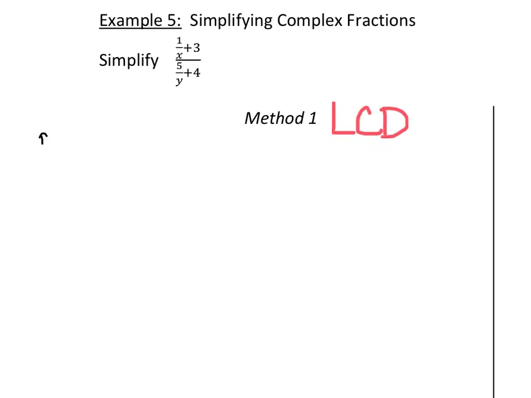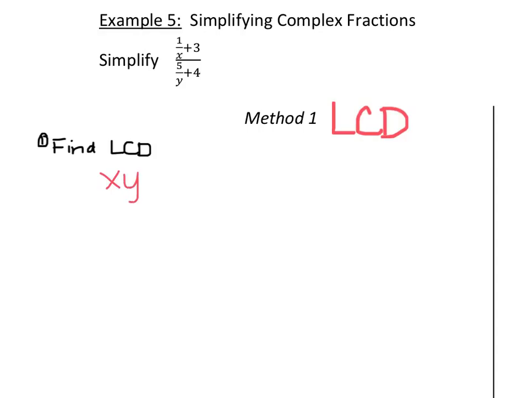Step one is to find the least common denominator. The denominator of the top is x, and the denominator of the bottom is y. If you were going to combine them into one fraction, what would be the common denominator? xy.